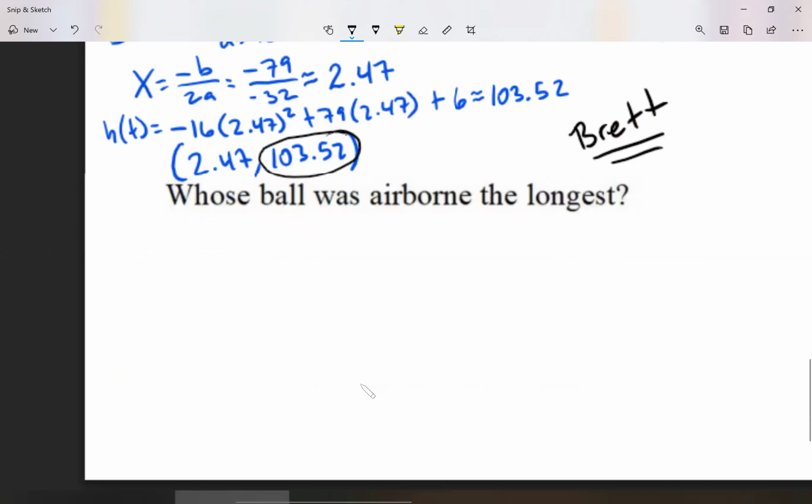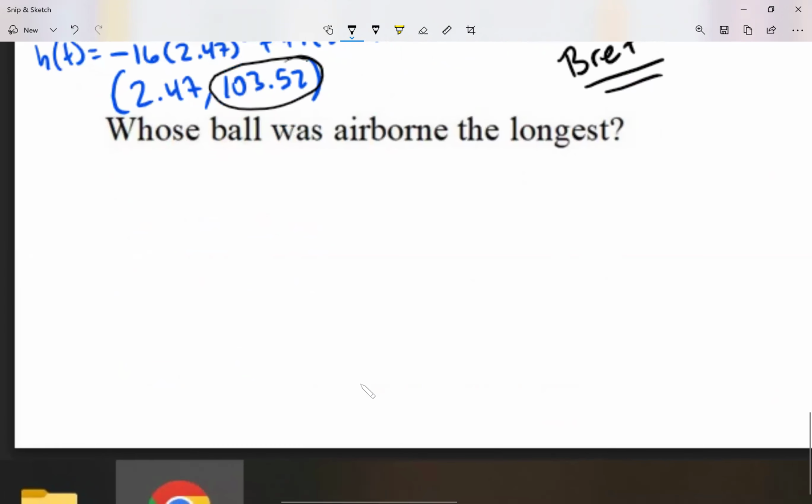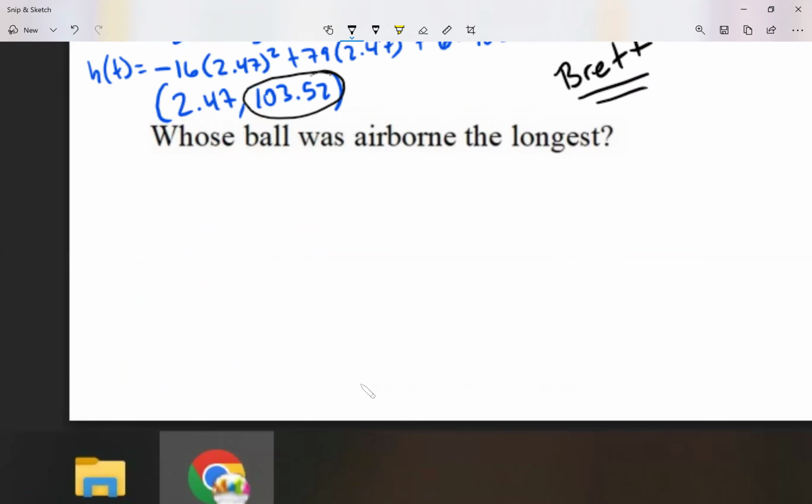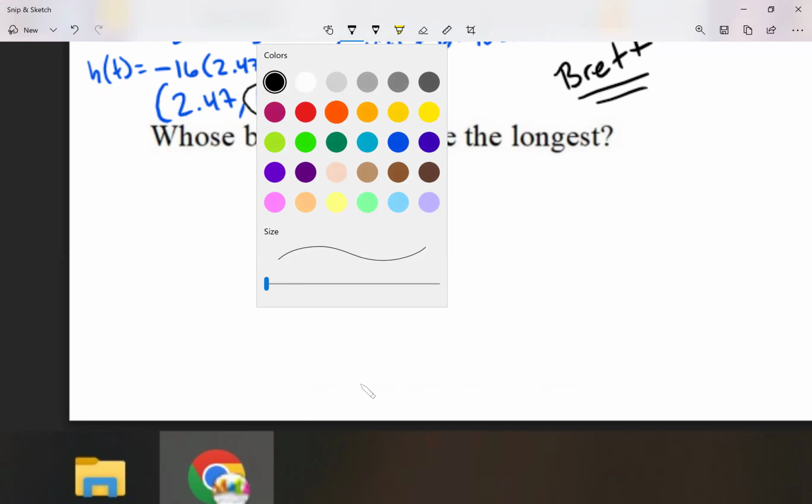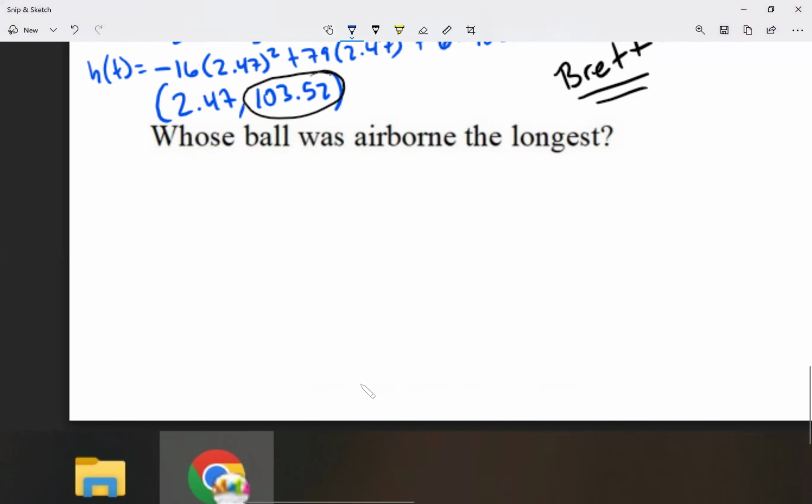Now here, whose ball was airborne the longest? Airborne basically means up in the air. From the time Brett threw the ball until it hit the ground, and from the time Andre threw the ball until it hit the ground, whose ball was up in the air the longest? Well, hitting the ground is basically our zeros. So let me figure out Brett.